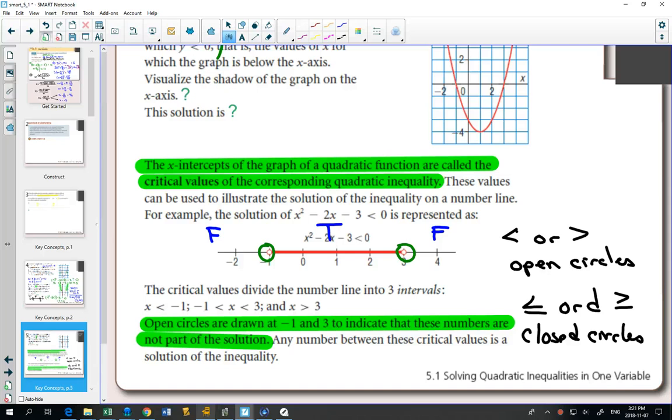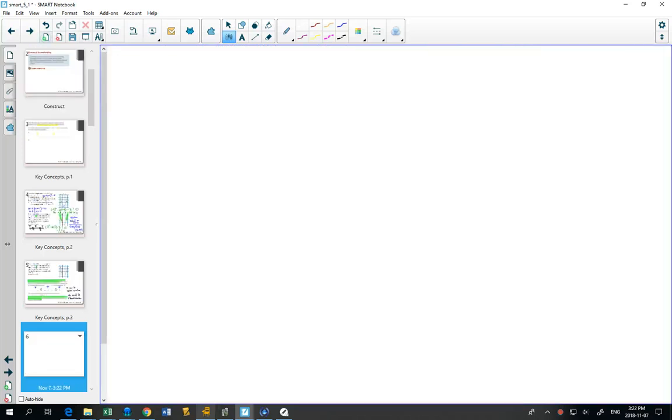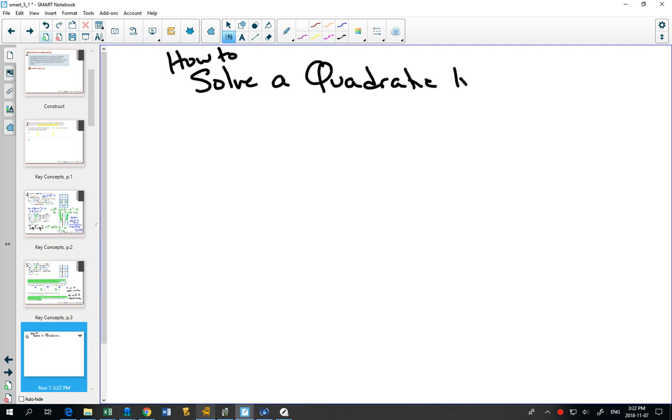So to summarize, and you probably have room at the top of page 341 in the column. How to solve a quadratic inequality is a lot like solving a quadratic equation.